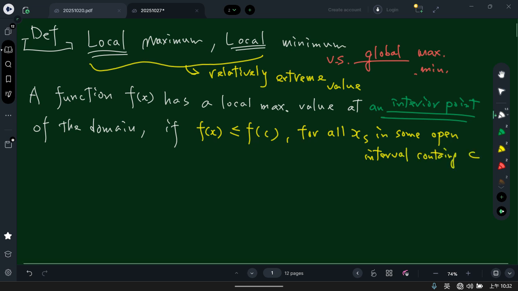So that means, for example, in the past, for global, we focus on the whole domain.